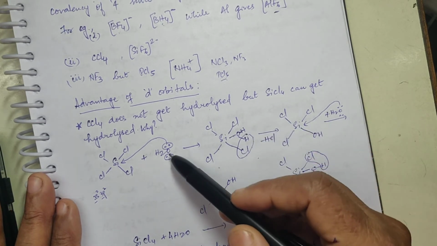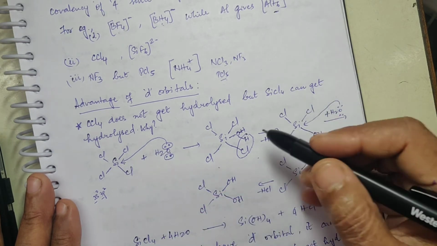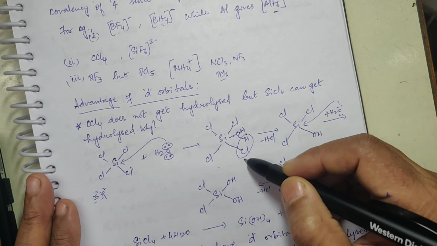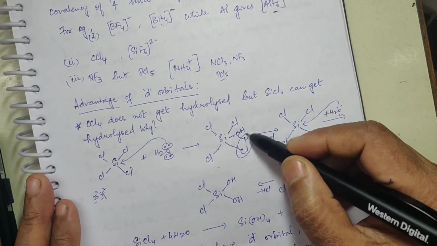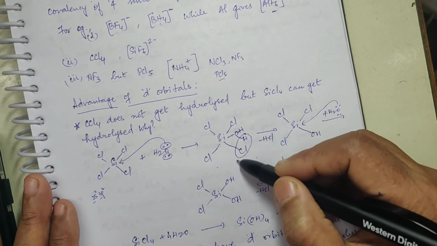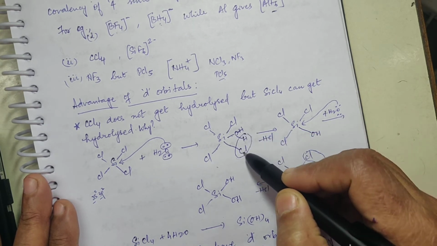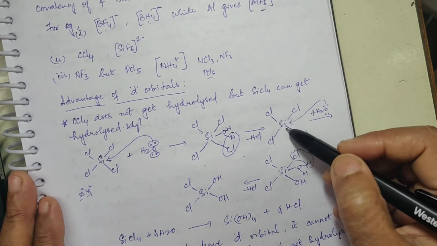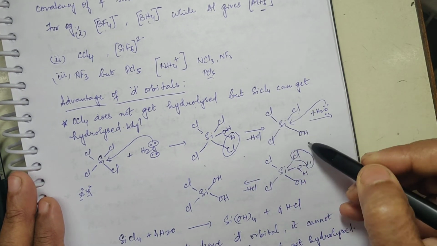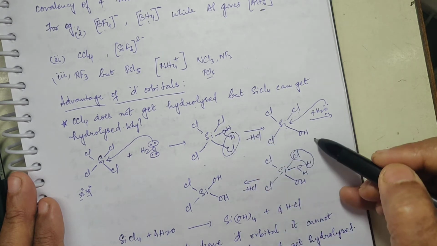Now once the water gets associated with silicon, then what happens? One HCl, it breaks away and tries to escape. Now when this HCl escapes, then this OH comes in the place of Cl. So you have SiCl3OH. So one Cl is replaced by this OH.